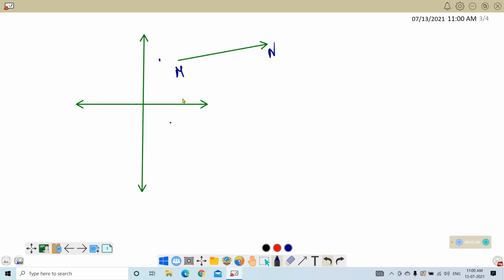So there are 2 points. One is 4 comma minus 3. Another point is 2 comma 5. So this is the line joining 4 comma minus 3 and 2 comma 5. The line is AB, suppose.